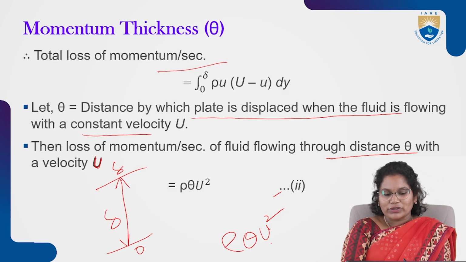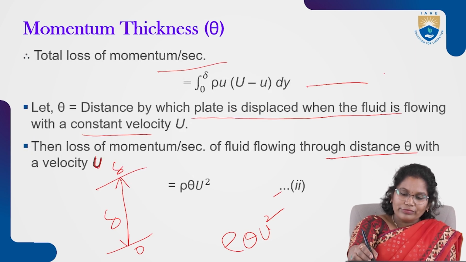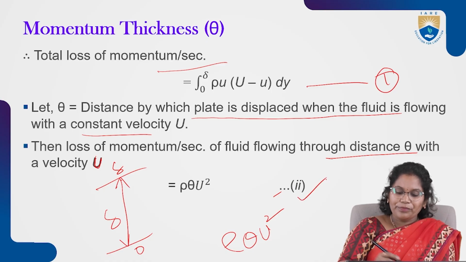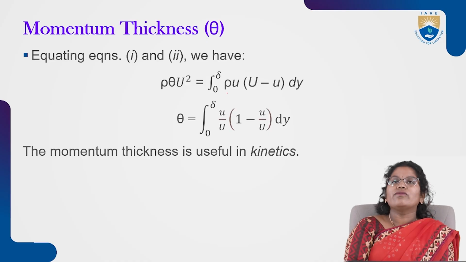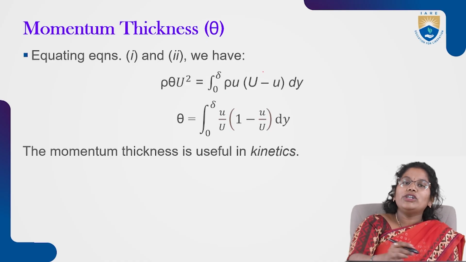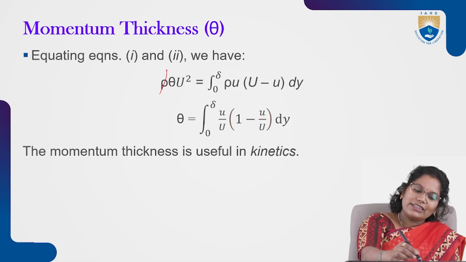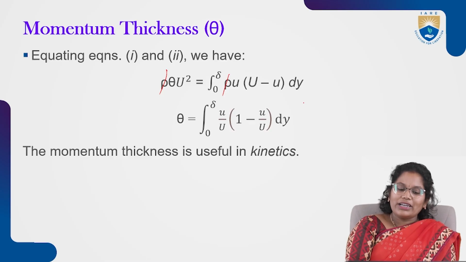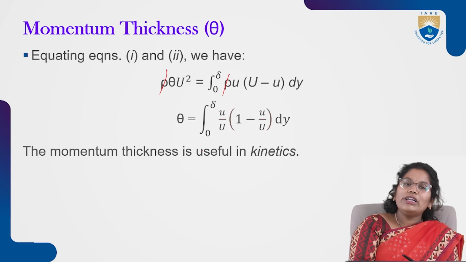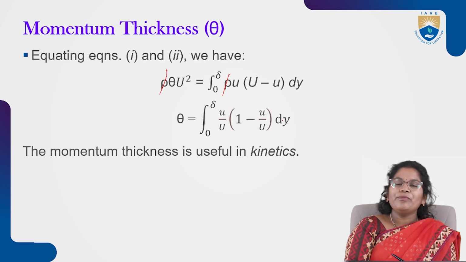Equating equation 1 and equation 2, we get rho theta U square equal to the integral from 0 to delta of rho u into capital U minus small u into dy. Cancelling the density and sending U square to the right-hand side, theta is equal to the integral from 0 to delta of small u by capital U into 1 minus small u by capital U into dy.